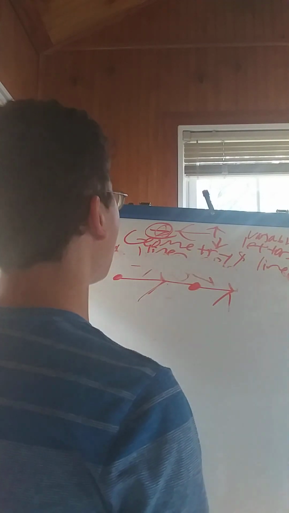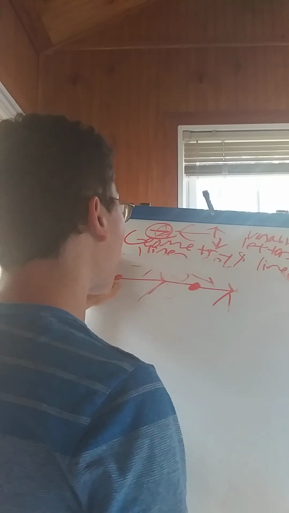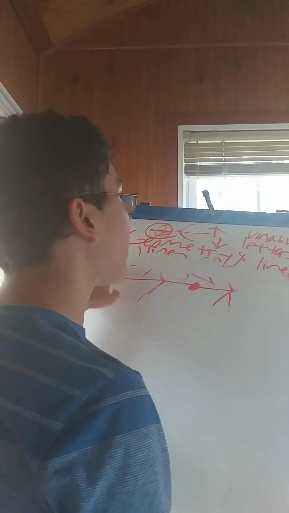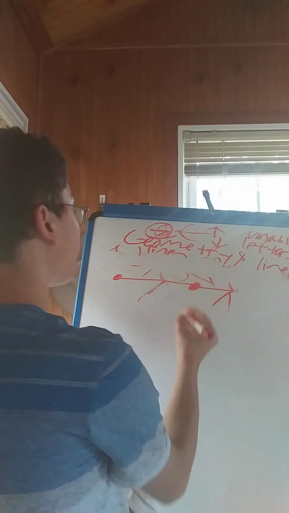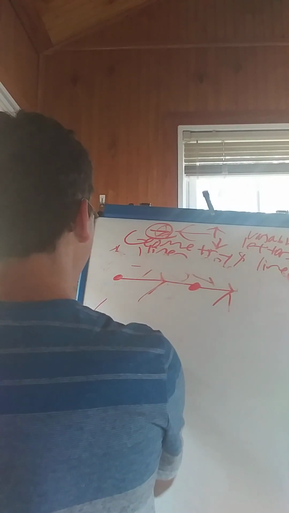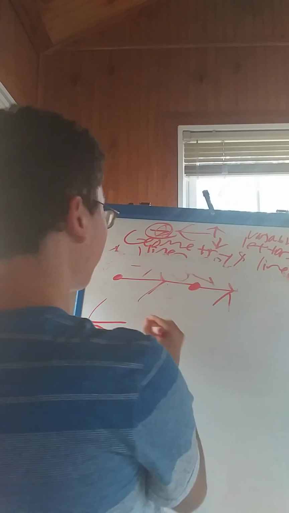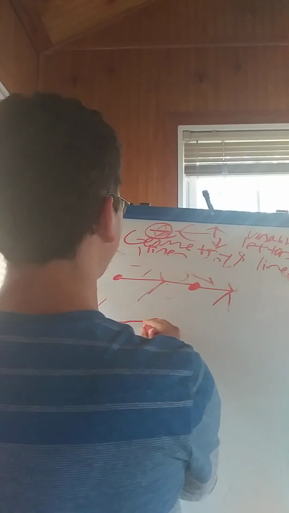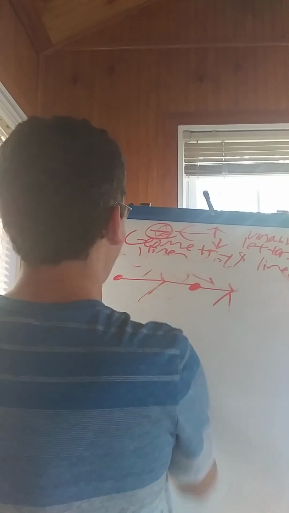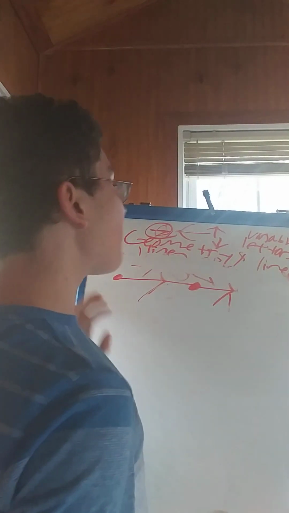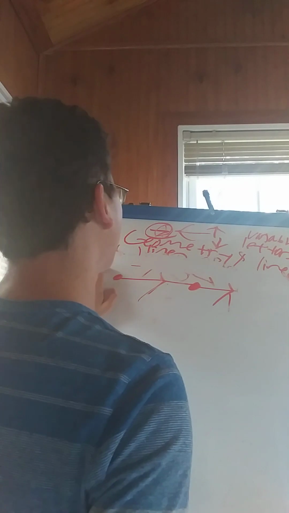We know it's the start of the line if there's a point here and there's an arrow over on the right side of the line. That's the end of the line where there's an arrow over here, and then there's an ending point right there. So this is the beginning point of the line, and then it's just going to keep on going.